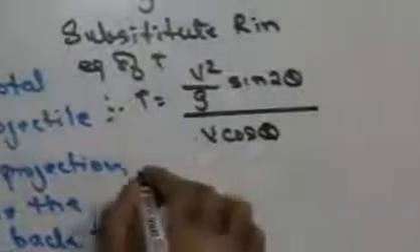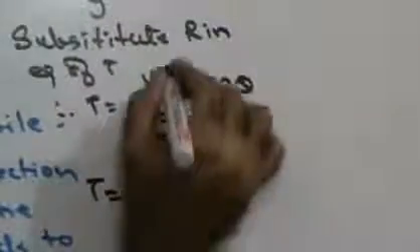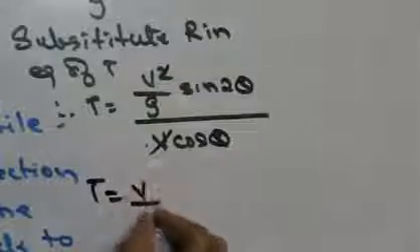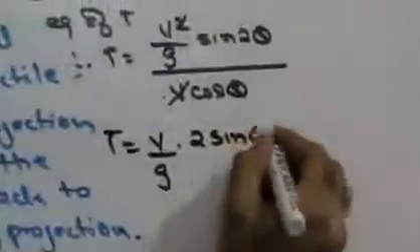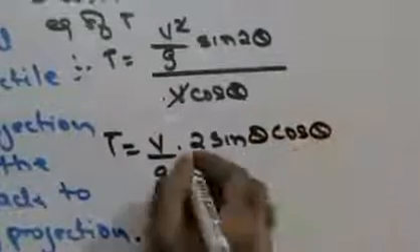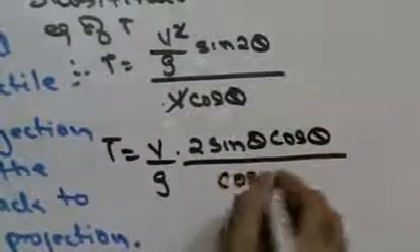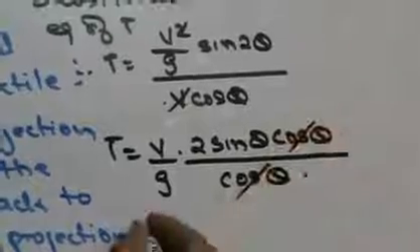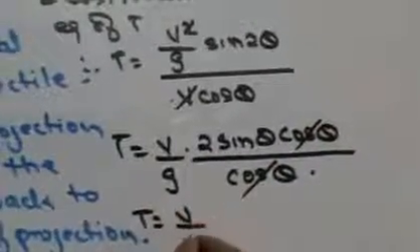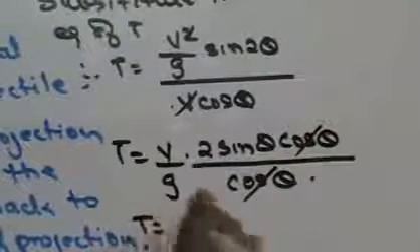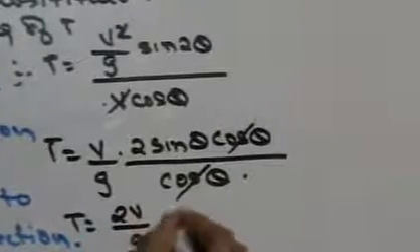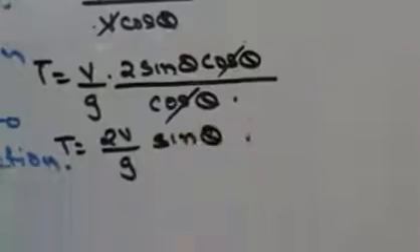So I can say T is equal to, v square gets cancelled, v upon g sin 2 theta. I can split it up again to write as 2 sin theta cos theta upon cos theta. Cos theta gets cancelled, so I will get T is equal to 2v upon g sin theta. So time of flight is going to be nothing but 2v sin theta upon g.